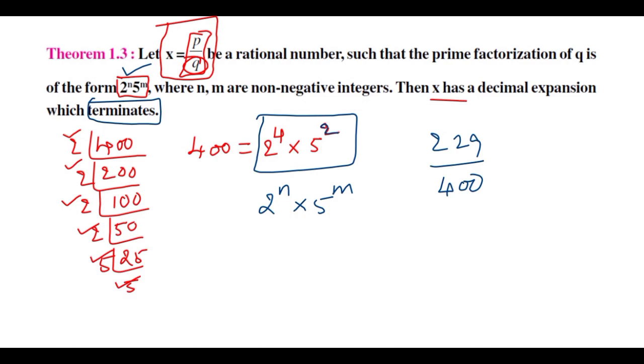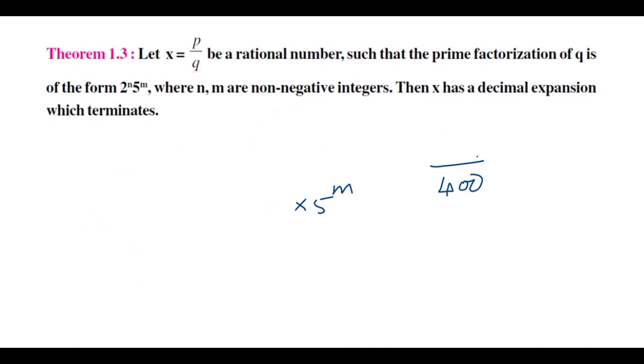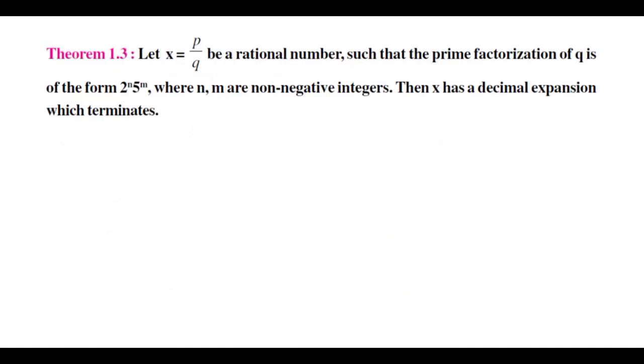So let us discuss the first question, that is 3 by 8, which we did now. How is it terminating? The actual question here is 3 by 8. With 8 we should divide, and then we got 0.375, so it's a terminating decimal.